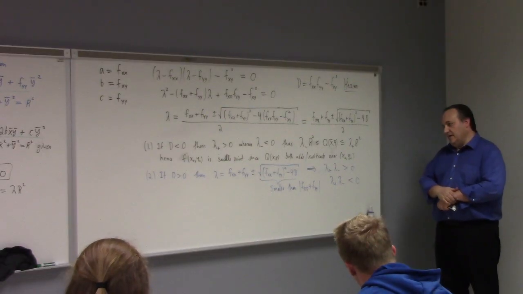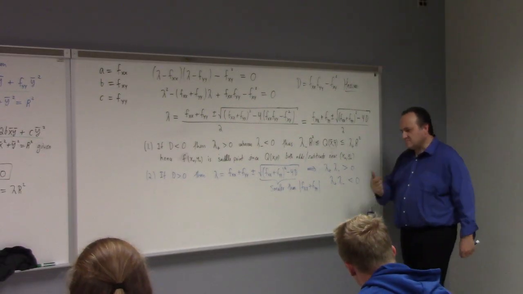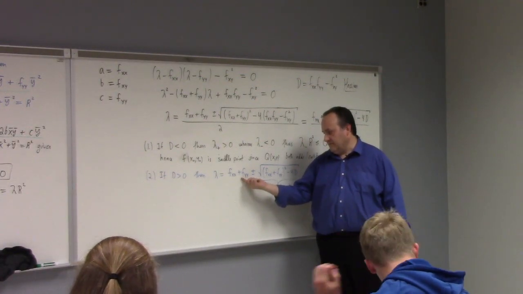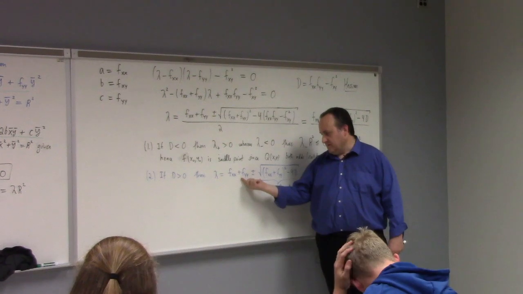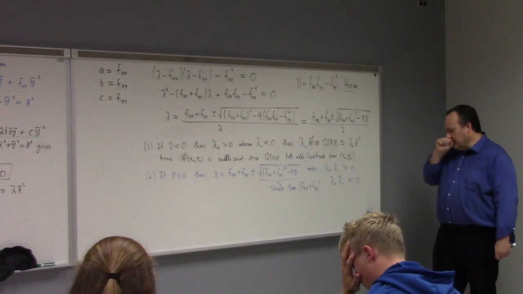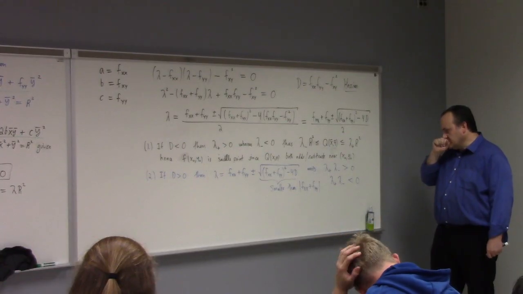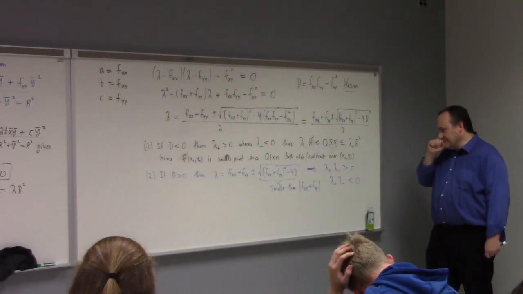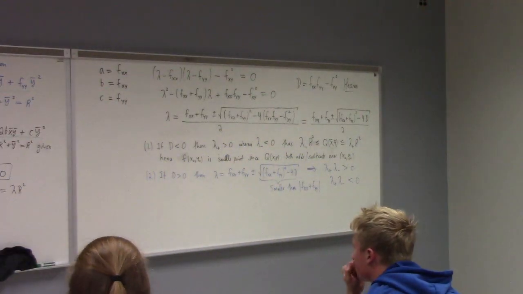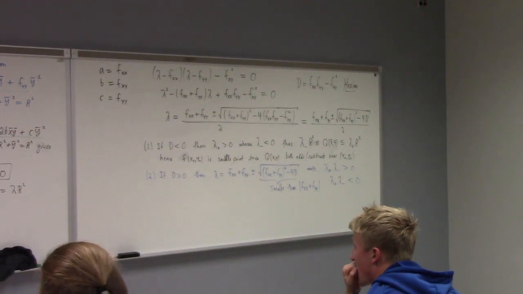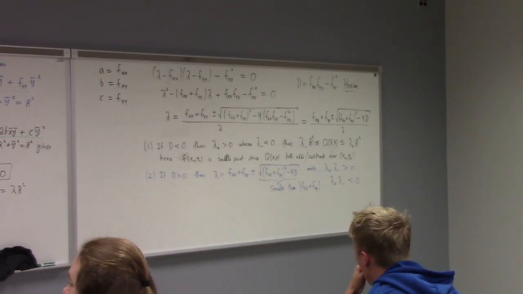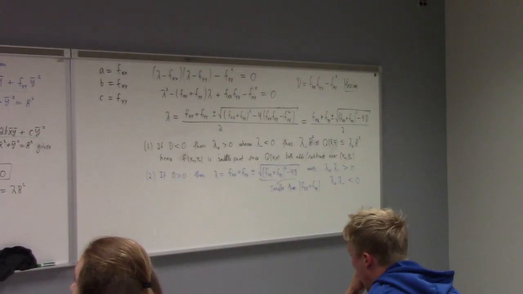Because if the xx derivative is positive and the xy derivative is negative, I always get stuck on this particular part of the proof, but you can argue that the xx derivative governs the sign of fxx plus fyy, all right?